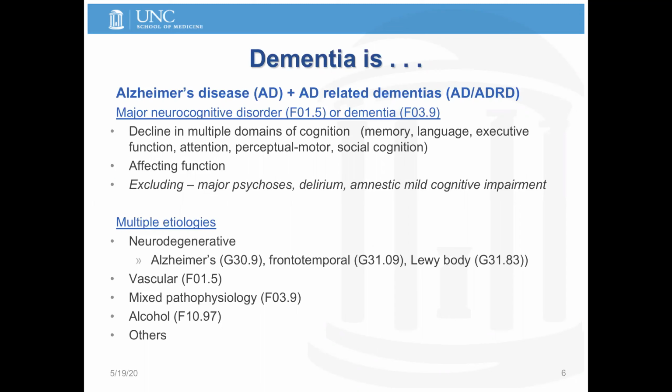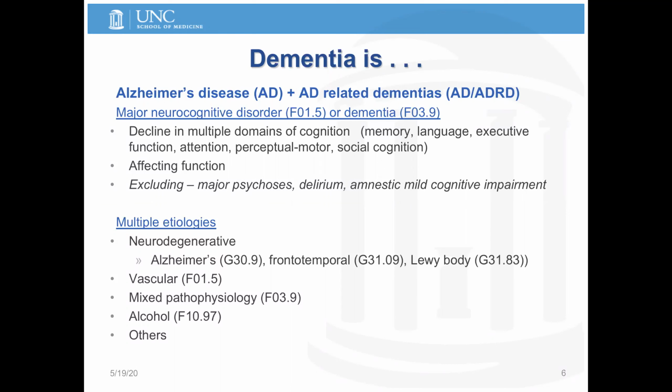It's important to point out, as the term AD, ADRD does, that this is not one disease process, but rather has multiple underlying etiologies. And sometimes clinically or within health record information, we know the underlying etiology. Many times we do not.